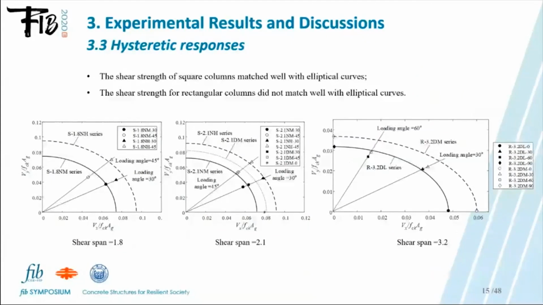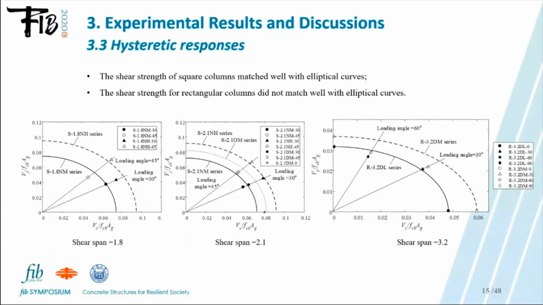The relationship between the loading direction and the normalized shear strength is shown in the figures. The shear strength of square columns matched well with the elliptic curves, but the shear strength for rectangular columns did not. For square columns with shear span ratio of 2.1 and long ductile detailing, an increase in the angle of loading direction corresponded to growth in the shear strength.